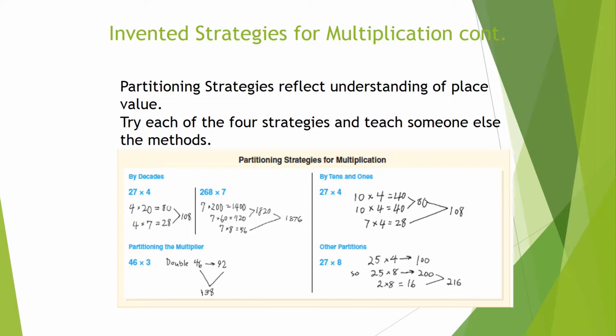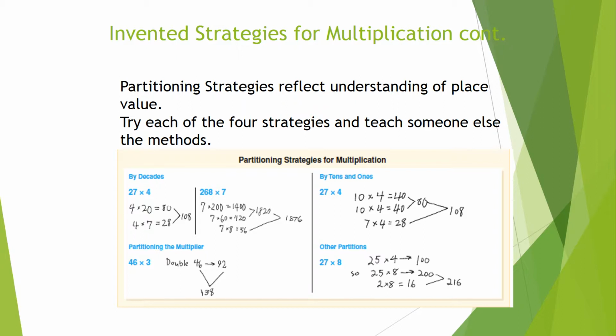You can see on the right, they're actually breaking that up even more. 27 times 4 is 10 times 4 plus 10 times 4, and then 7 times 4. Down at the bottom, it looks like they're doing, let's see, oh, I see, 25 times 4 is 100, so 25 times 4 is 68.